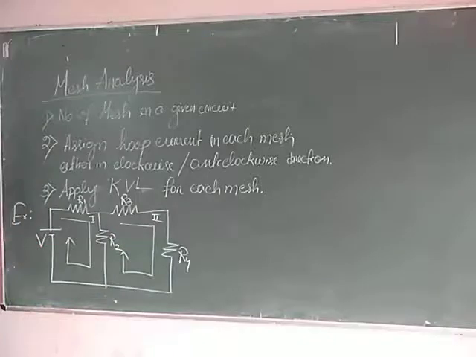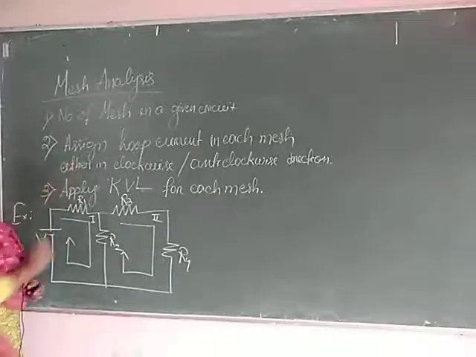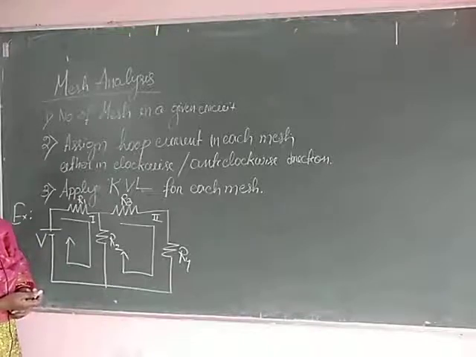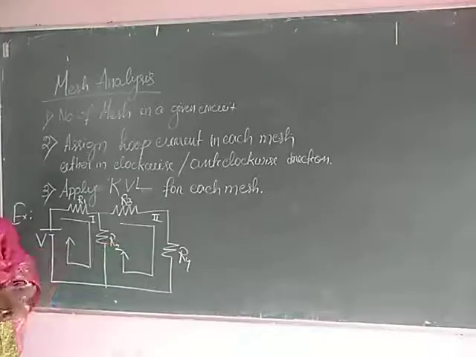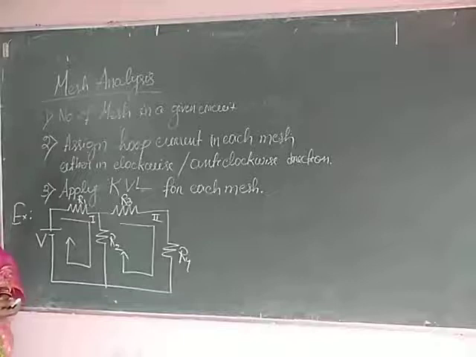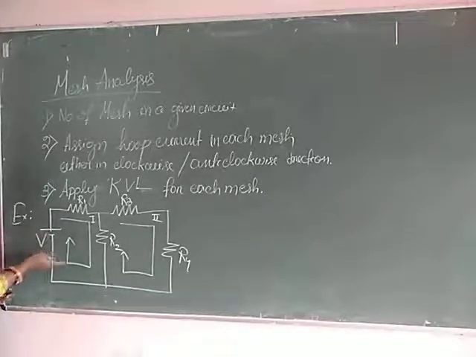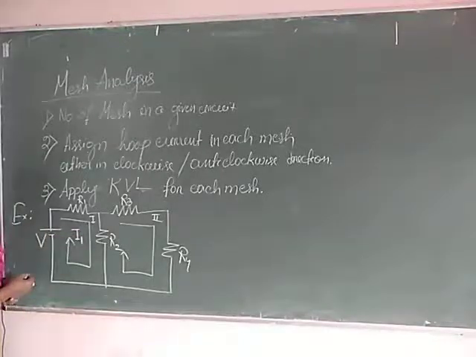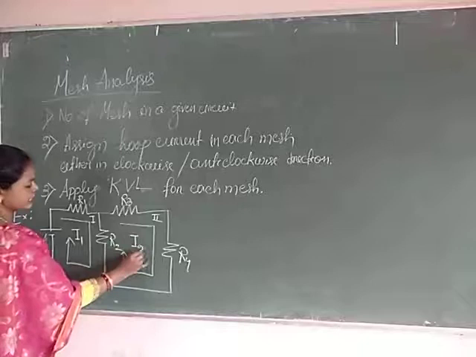Second point, you assign or assume loop current for each loop, either in clockwise or anti-clockwise direction. I assume clockwise direction of loop current. Let this one be I1, this one I2.